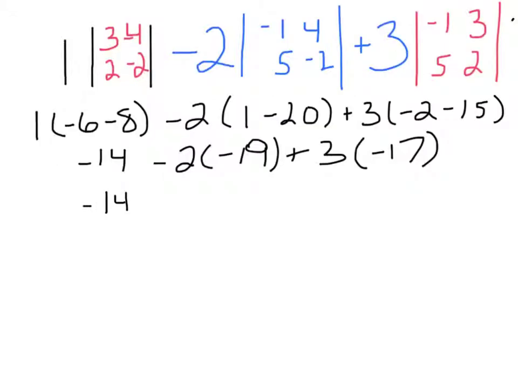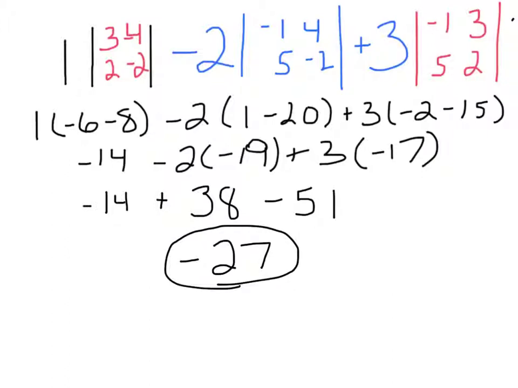So we'd have negative 14 and then plus 38 and then 3 times negative 17, which looks like negative 51. And then combine those together. And so you'd have negative 14 plus 38 minus 51, which would be negative 27. And so that's the determinant of that 3 by 3.